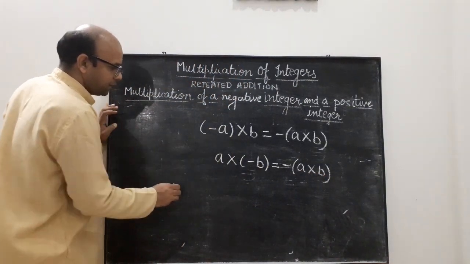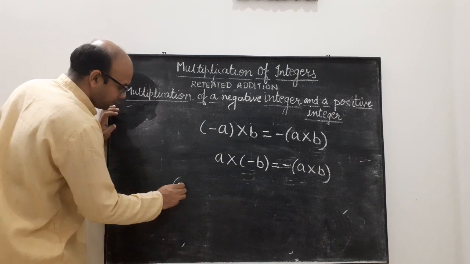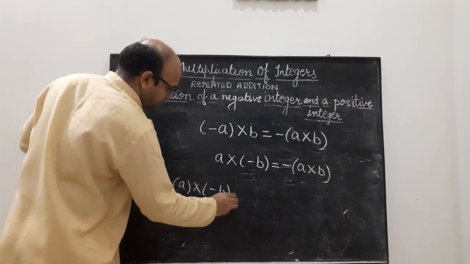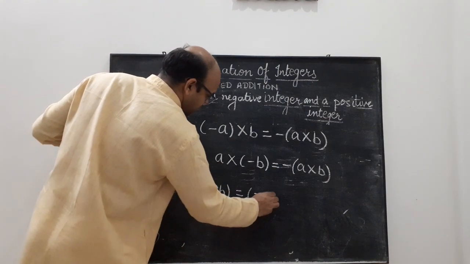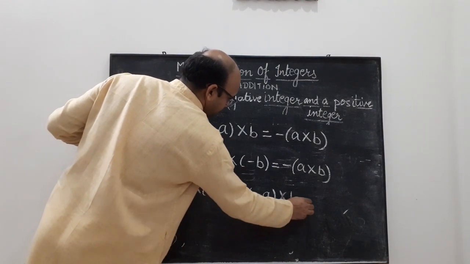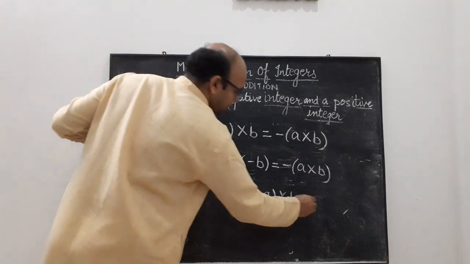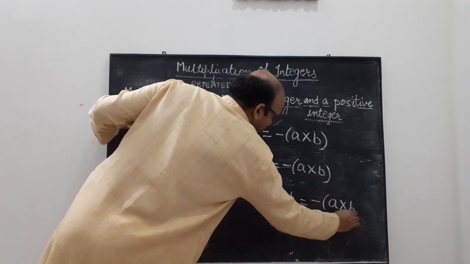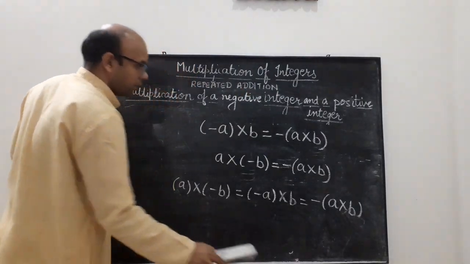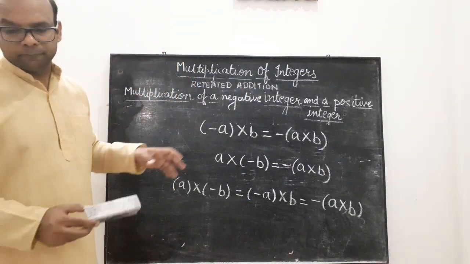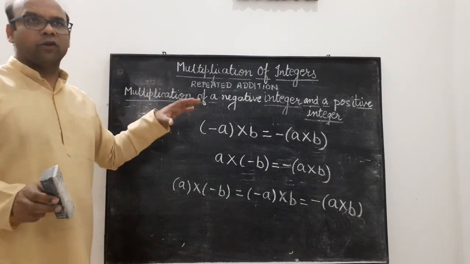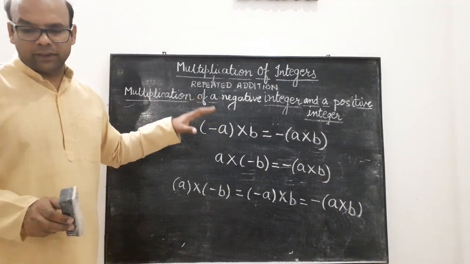So if you combine these two things, you can write a multiplied by minus b is the same as minus a cross b, and this is nothing else but minus times of a cross b. I hope this much is clear to all of you, and all of you are paying attention to what is being taught.